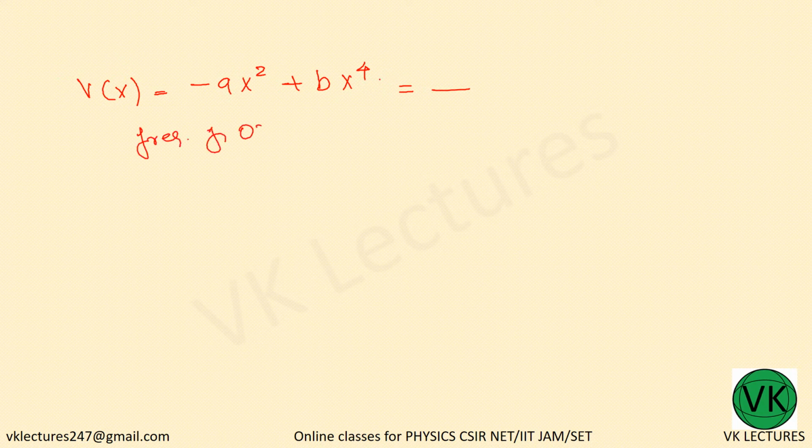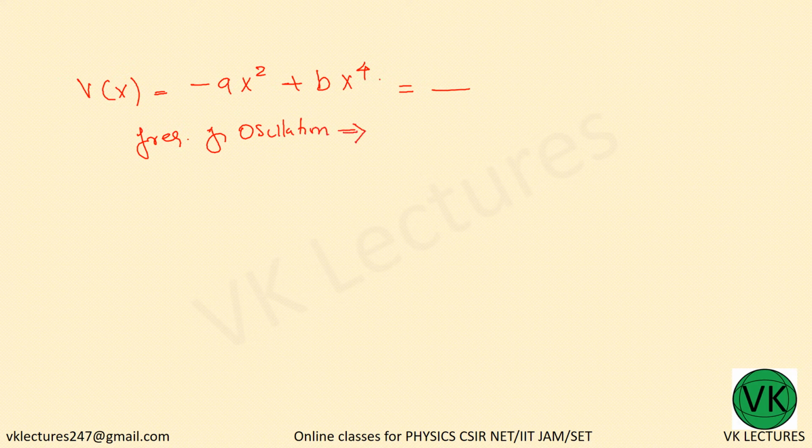Now let us do one problem. V of x is equal to minus a times x square plus b times x to the power 4. You are asked to find the frequency of oscillation, if any.